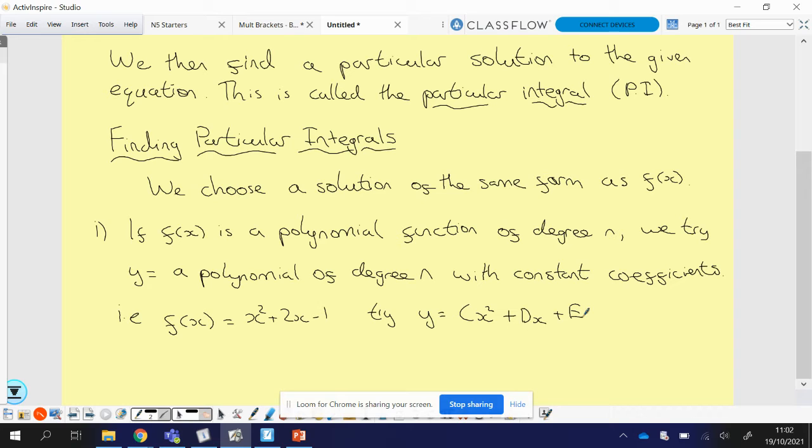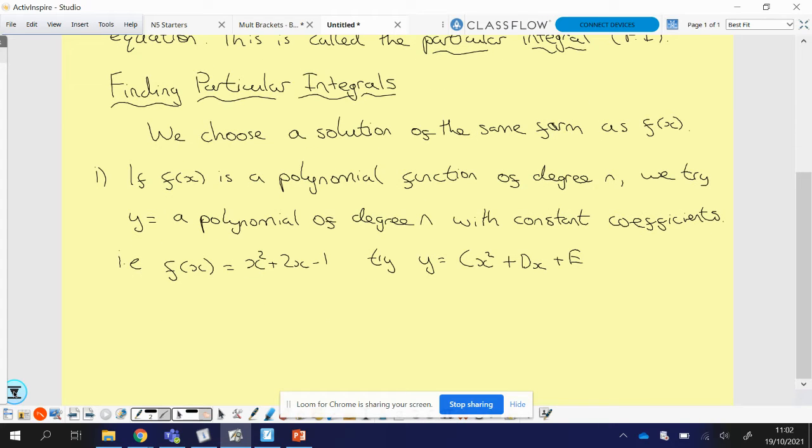Do you see how that would match the right hand side we'd been given? We would just have to solve for c, d, and e.